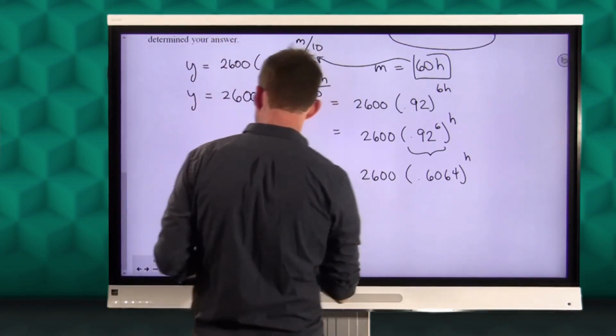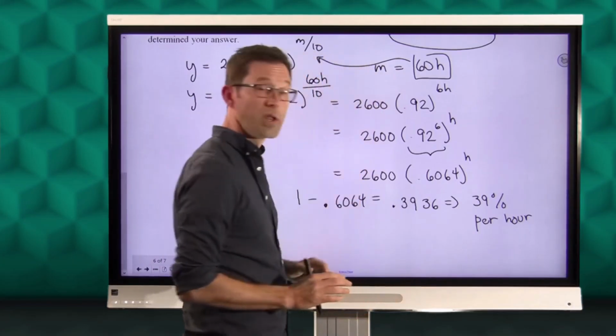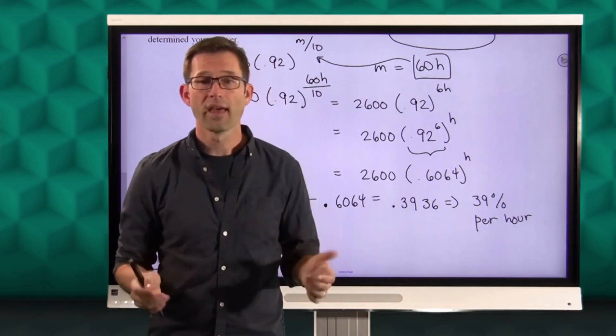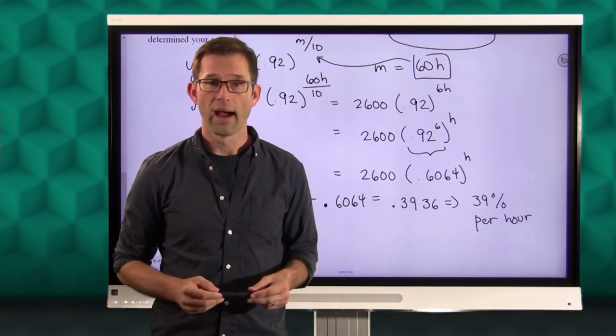In other words, to figure out really the answer to this question, we want to do 1 minus 0.6064, which is 0.3936, and therefore it's decreasing by 39% per hour, right? It's decreasing by 8% every 10 minutes, but it's decreasing by 39% for every hour.